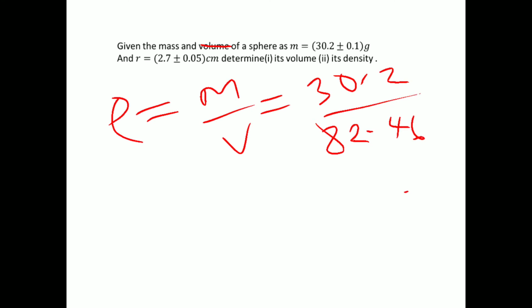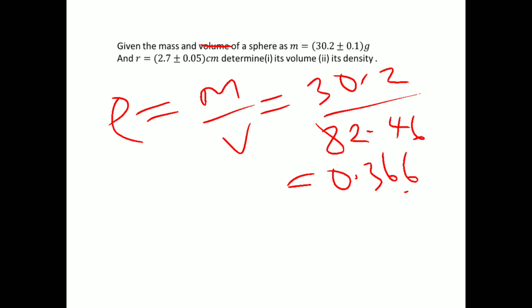If we calculate 30.2 divided by 82.46, we get 0.366. But we need to also find the error to write it clearly.